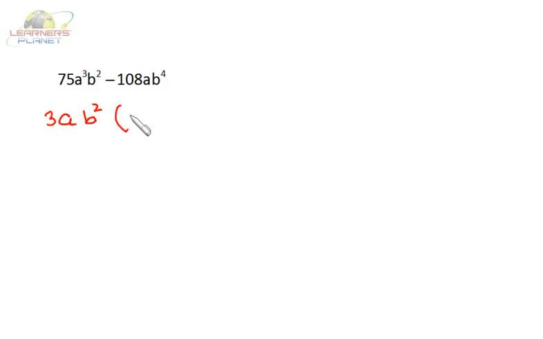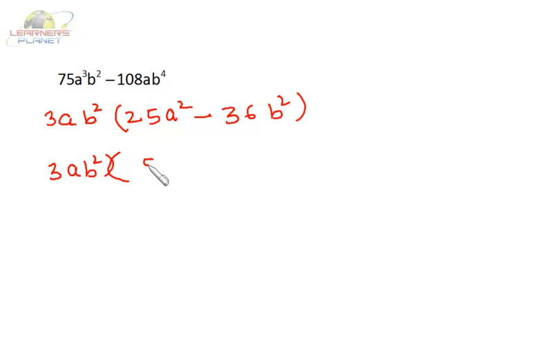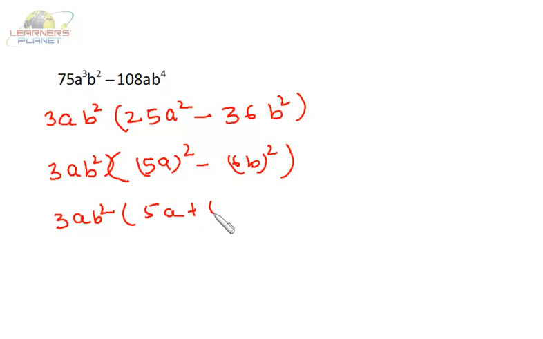Now 75 divided by 3 is 25, a cube by a is a square, and b square divided by b square will be 1, minus 108 by 3 is 36, a by a is 1, and b4 by b square is b square. Now use the identity. It's 5a whole square minus 6b whole square. So it's 5a plus 6b and 5a minus 6b. Okay, very simple.